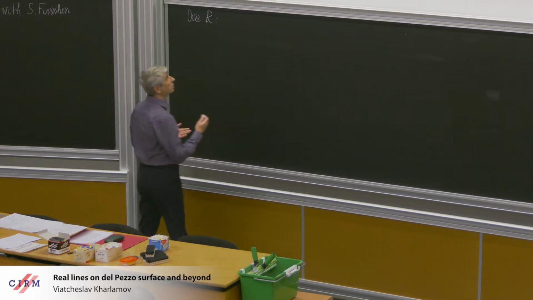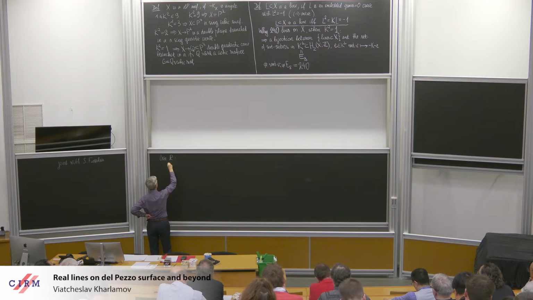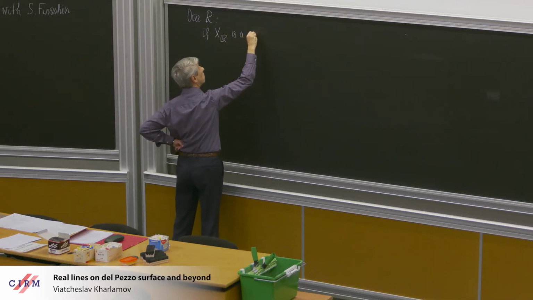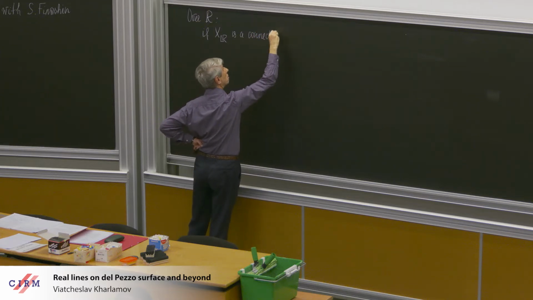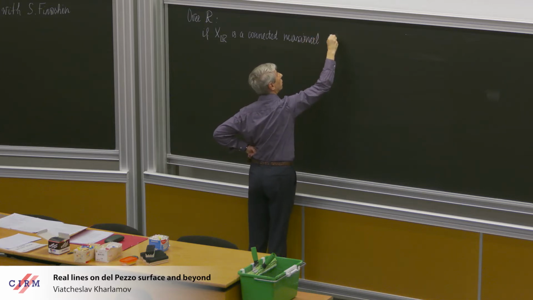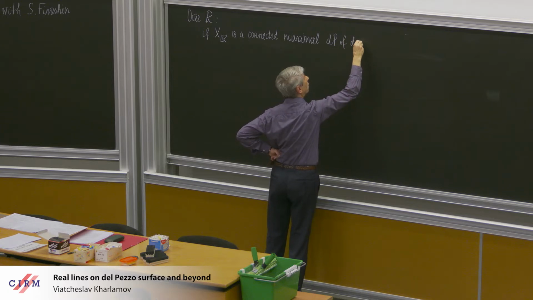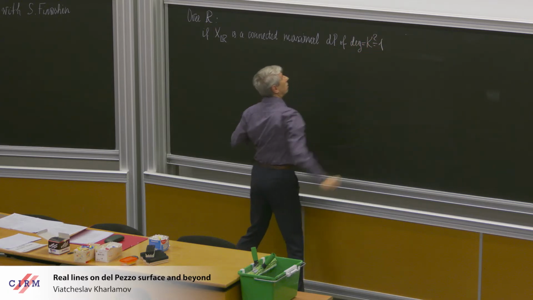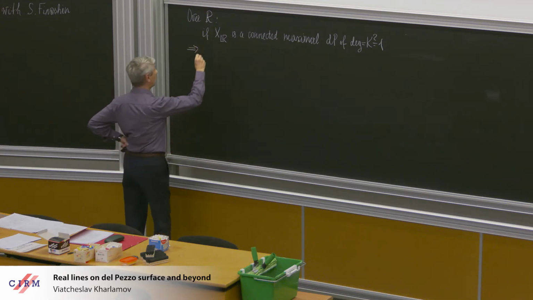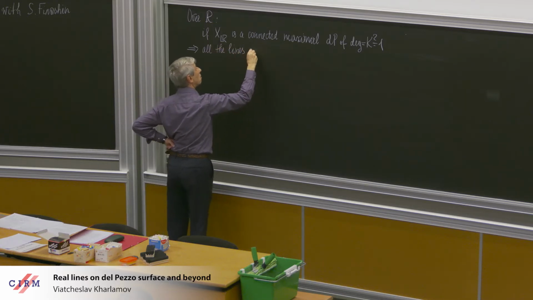The next easy observation is the following: if X_R is a connected maximal del Pezzo surface of degree K square equal 1, then all the lines are real.